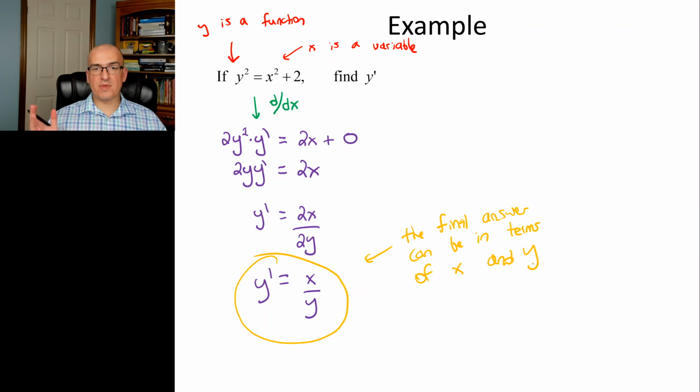What cannot happen, if you want a correct final answer, is y prime equals, and then on the right-hand side, stuff with x, y, and y prime. To get a proper final answer, y prime always has to be all by itself. And in the last two examples, that didn't really come into play. It wasn't a problem, but you'll see that sometimes it is.